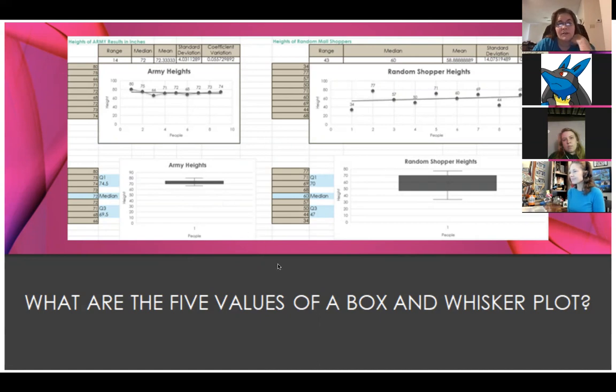And also, if we take it a step further, we can see our standard deviation, which shows how thick or thin this line will be. So over here, you can see our standard deviation is really thick for our random mall shoppers, because earlier we said it's just random people. And then over here to the left for the Army heights, we have a thinner line.